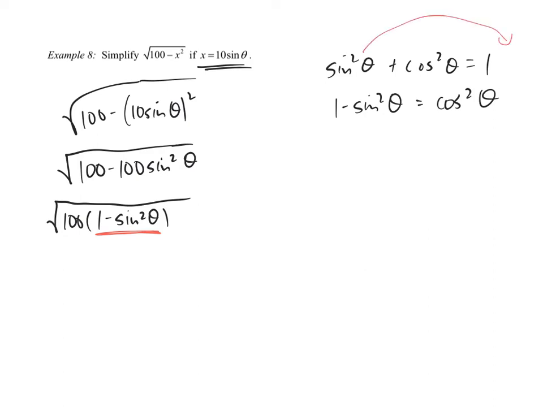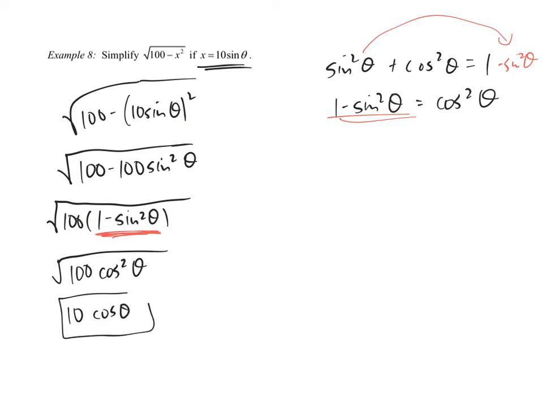So if this comes over here and becomes minus, that's how I get the identity that I just wrote down. So 1 minus sine squared, which is down here, can be replaced with cosine squared. So this is now going to become the square root of 100 cosine squared of theta. And now I can just take the square root of that, which is going to be square root of 100, which is 10, and the square root of cosine squared theta, which is just going to be cosine of theta.